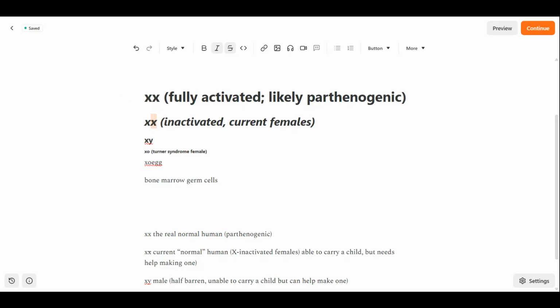They inactivate it so that she cannot be parthenogenic. So you now have a self-fulfilling cycle where the adult form, when this one becomes adult, because she's now inactivated, she cannot make another one of these.